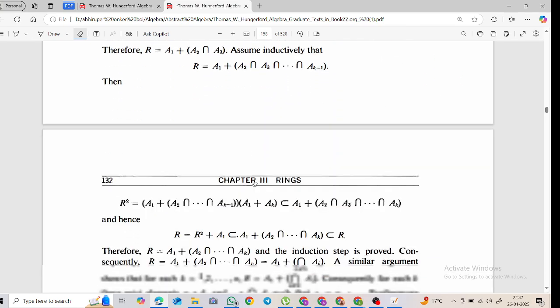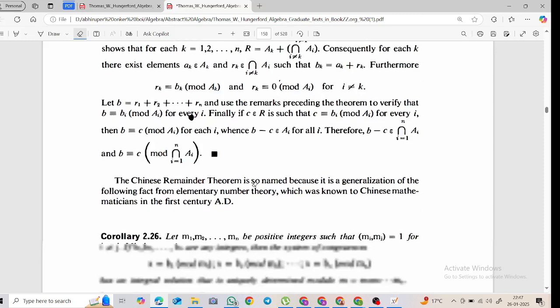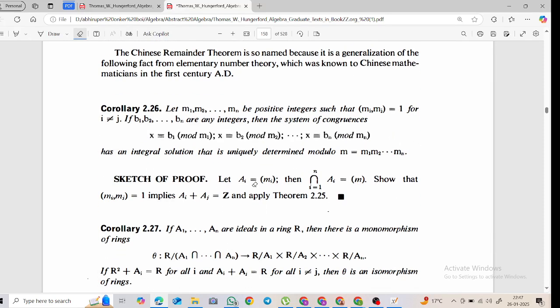Now, what I am more interested in is the following thing. If these are maximal ideals, then Mi plus Mj is of course R, because Mi is a maximal ideal contained in the ideal Mi plus Mj. And it is also properly contained in it, because Mj is not Mi.